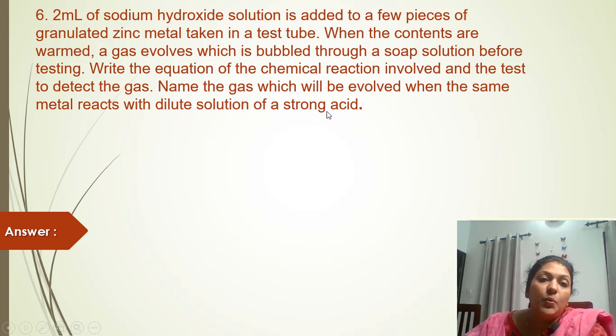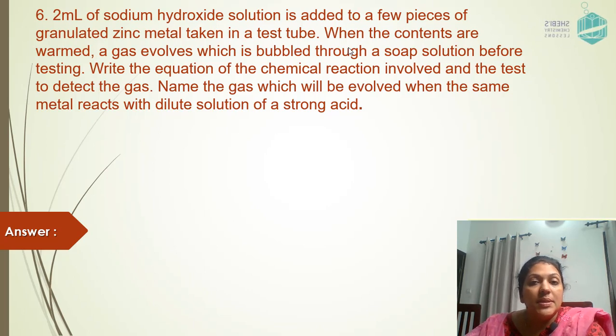Here we know when a metal reacts with a base like sodium hydroxide, a strong base, what will happen? Same as with an acid, it will produce salt and hydrogen gas, right? The only difference is we have to warm up the contents of the test tube.